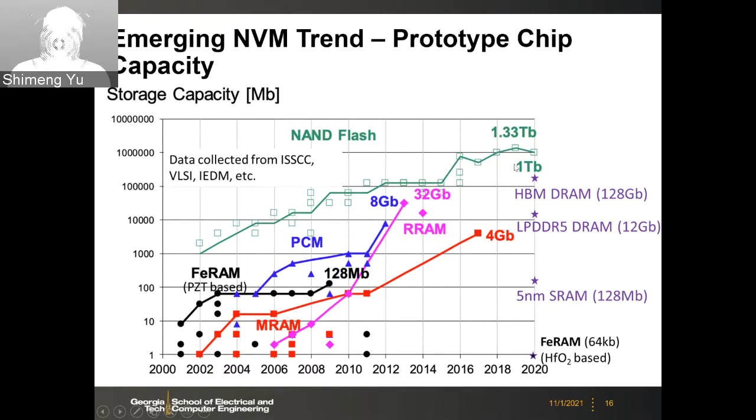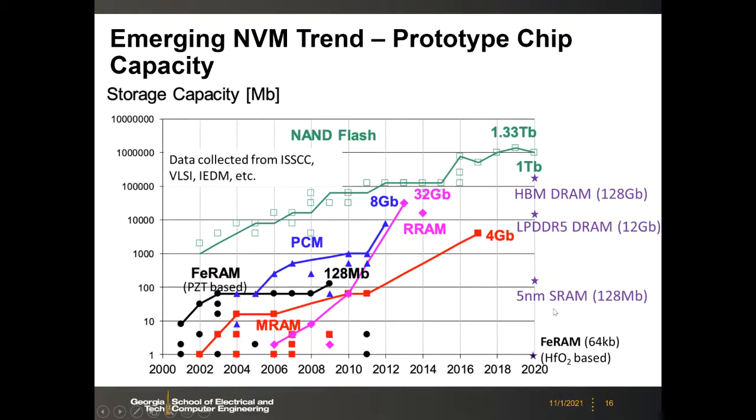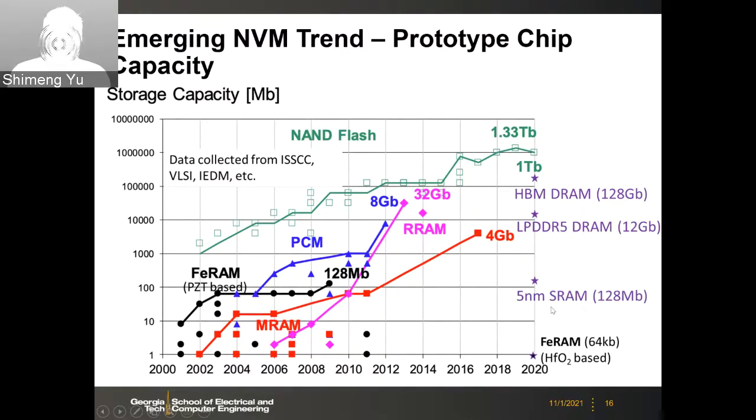There's no way to catch up with NAND flash because NAND flash, as we discussed, is moving towards 256 layers, and it's impossible for those emerging technologies to build 256 layers. There's no way to compete with NAND flash in terms of capacity. And also here you see that SRAM is also improving over the years because of scaling. So I believe this is a 5 nanometer SRAM demonstration from TSMC.